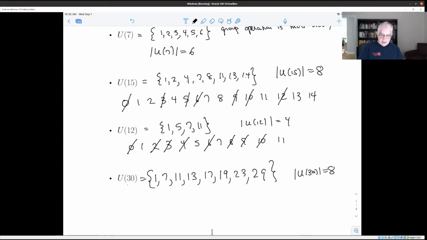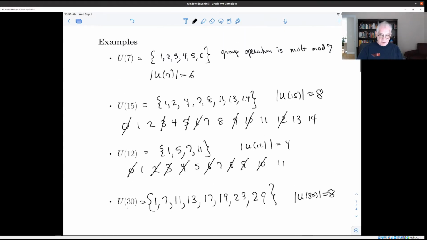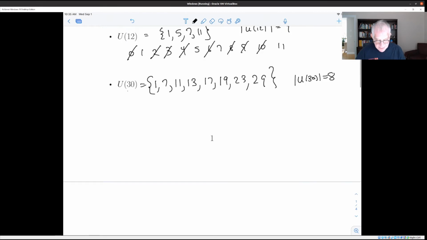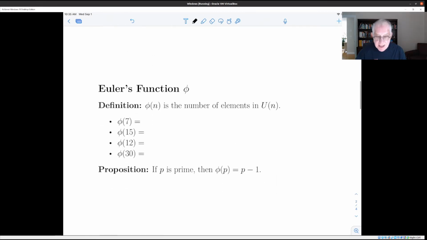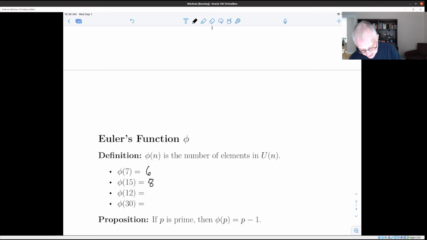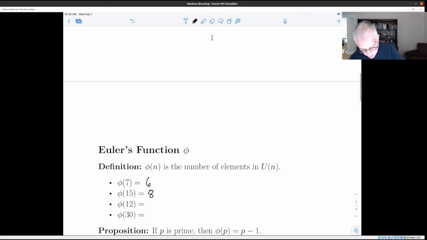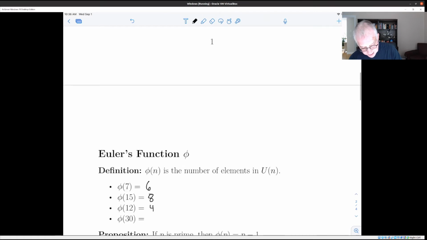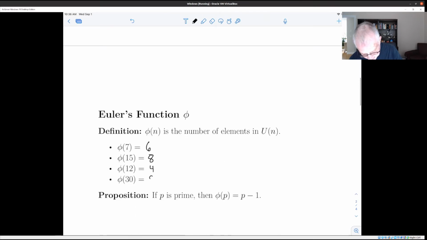As you can see, the question of how many elements U of n has is not completely straightforward. We're not going to solve that problem now, except we're going to give it a name. We're going to introduce Euler's function phi, which is by definition the number of elements in U of n. So phi of 7 is 6, phi of 15 is 8, phi of 12 is 4, and phi of 30 is 8.